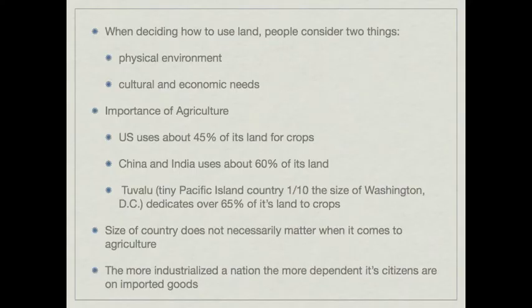Land use can change over time. For example, colonization has led to many changes in land use. Colonization is a movement of new settlers and their culture to an area. Settlers may change a region's landscape. For example, European colonists brought new crops and new ways of farming to the Americas, Africa, and Australia.